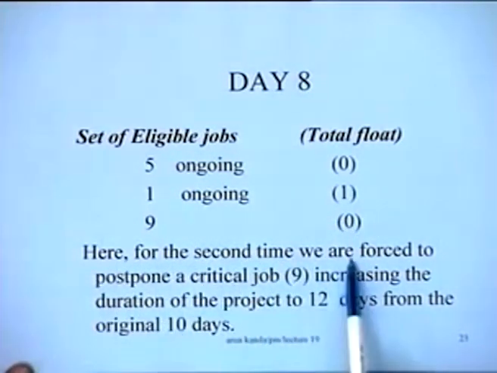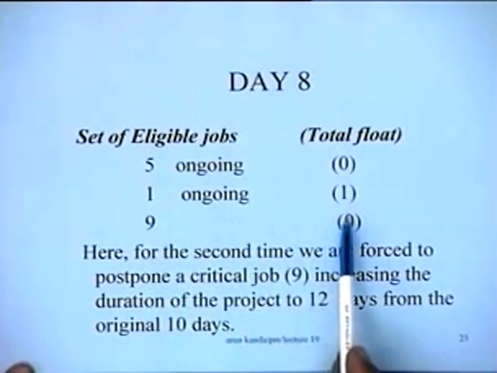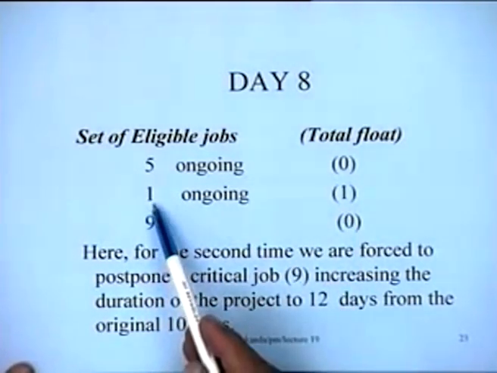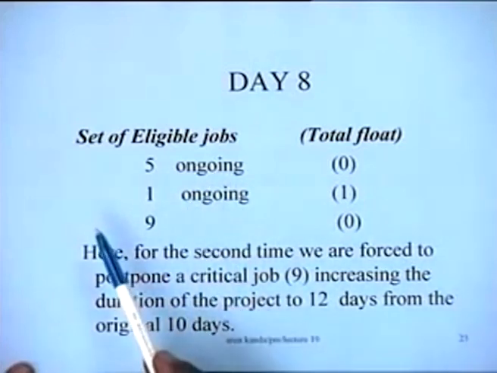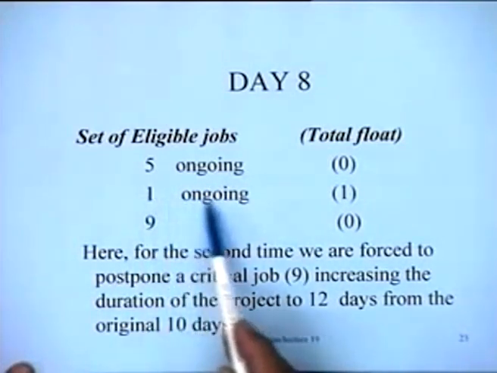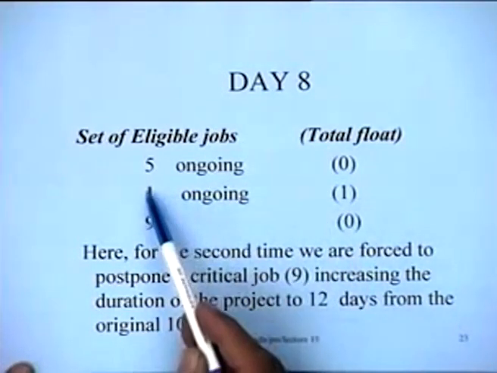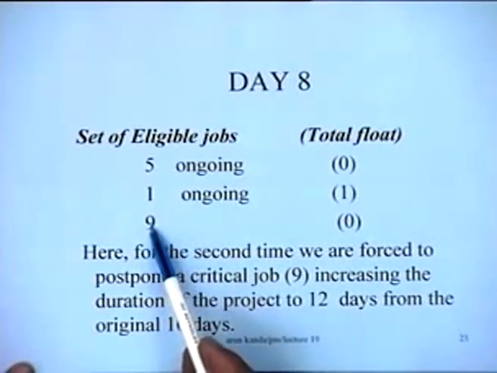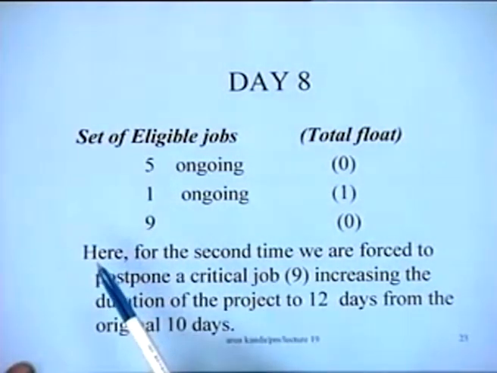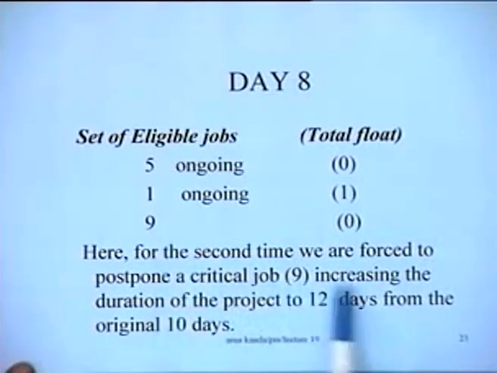So here for the second time, what happens is on day 8, we cannot accommodate job 9 along with these two jobs. And nor can we reschedule 1, because it will not release enough resources to accommodate job 9. So even rule 3 will not help us. So here for the second time, we are forced to postpone a critical job, job 9, increasing the duration of the project to 12 days from the original 10 days.